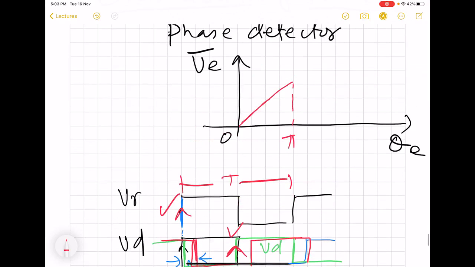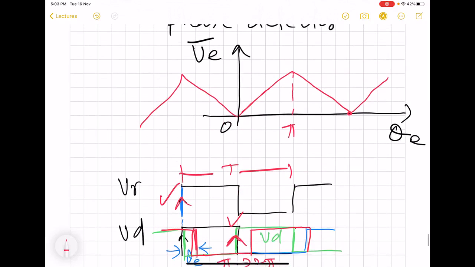So what we are going to get is a response like this, and this phenomenon will then repeat like this. So this is the phase characteristic of the XOR gate phase detector.